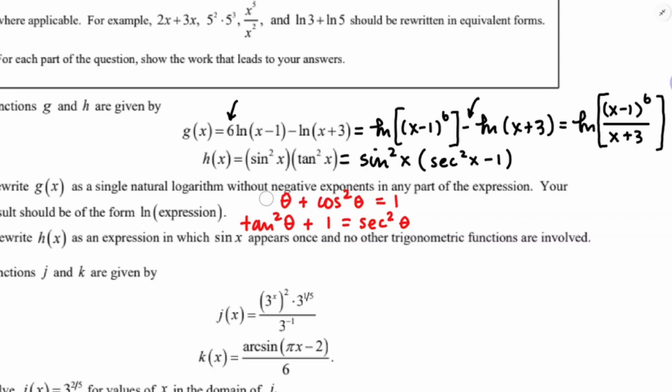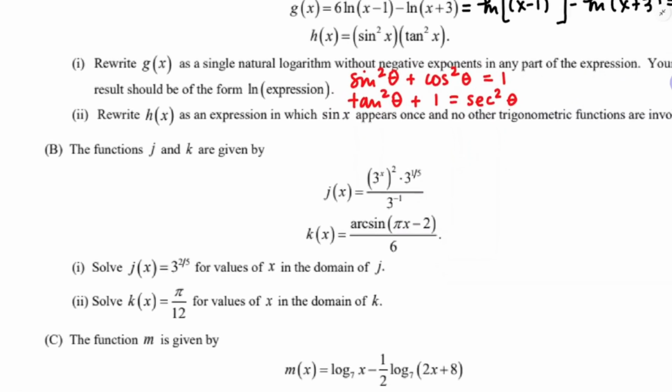I'm going to change the problem to, I think... I mean, if I'm going for sine appearing once and no other trig functions involved, I think what I want is for this to be, instead of sine squared, to be... No, this problem is just like, I don't know what they were going for on this one. I'm not even going to try.